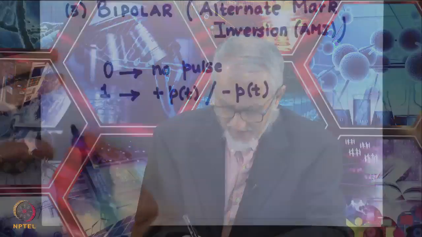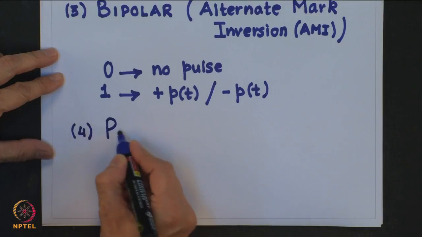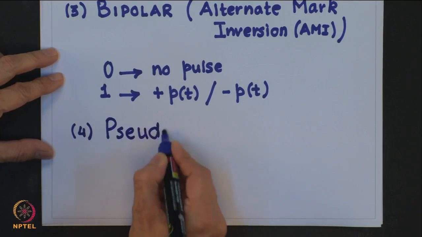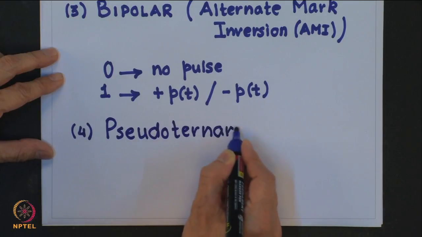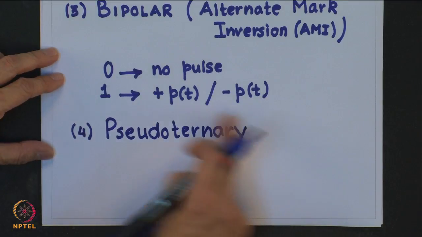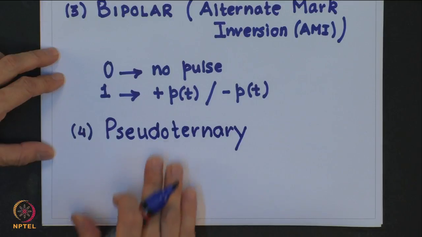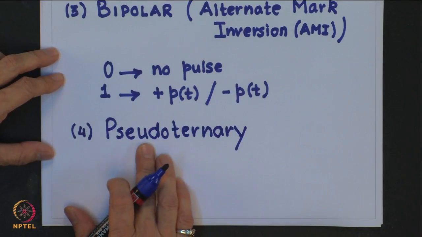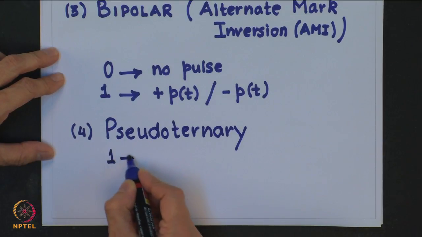There is another format which is known as pseudoternary. This actually is a subclass of bipolar. There is not much difference between this and AMI, except in this one is represented by absence of the signal.